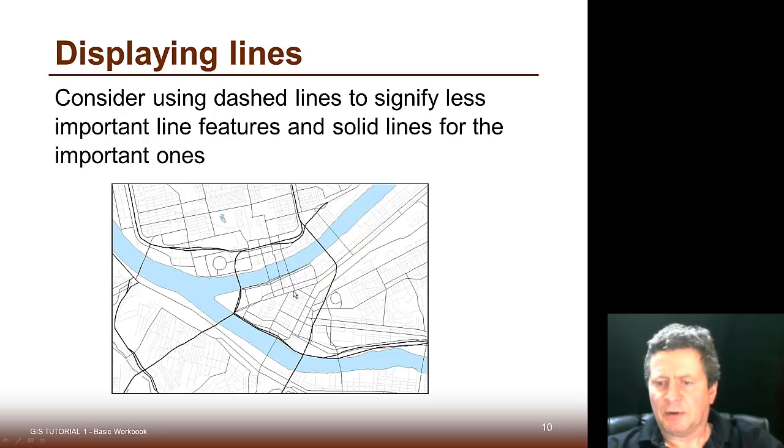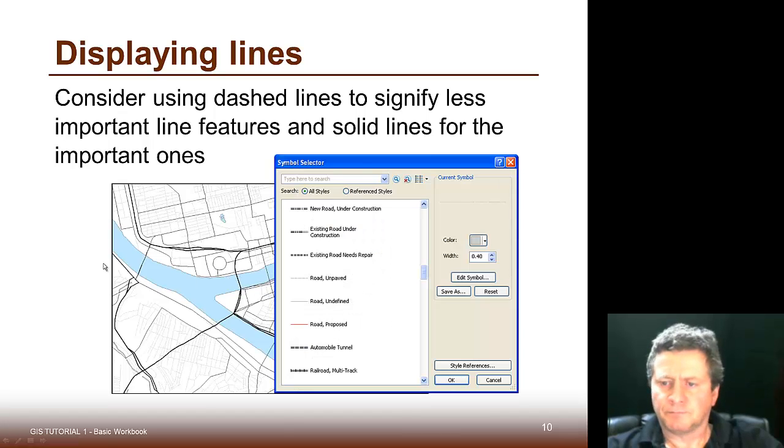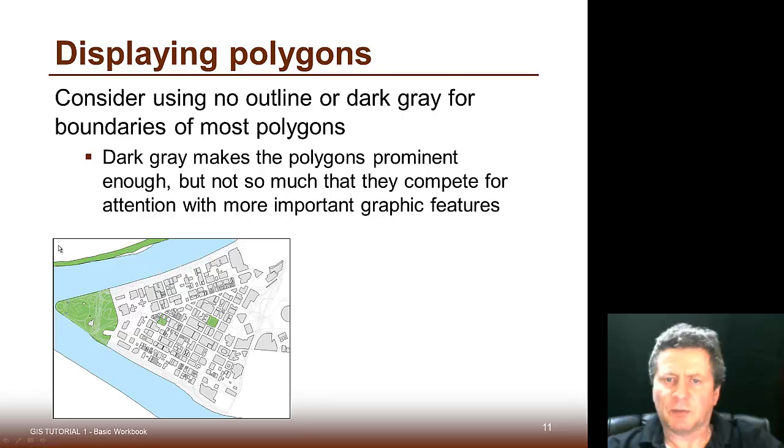You've got different thicknesses of lines for the different types of streets that are there. Solid lines for more important, this could be the highways, the secondaries, and this is the residential roads. And symbology for these roads and how they work.